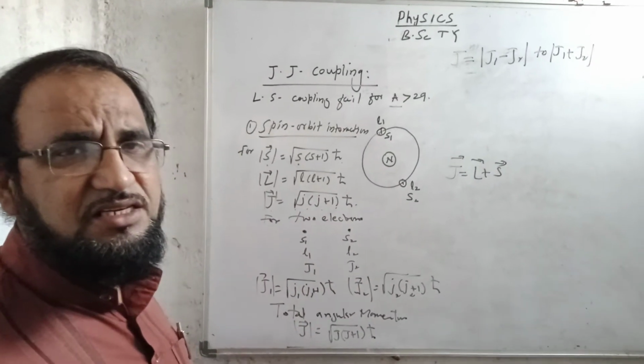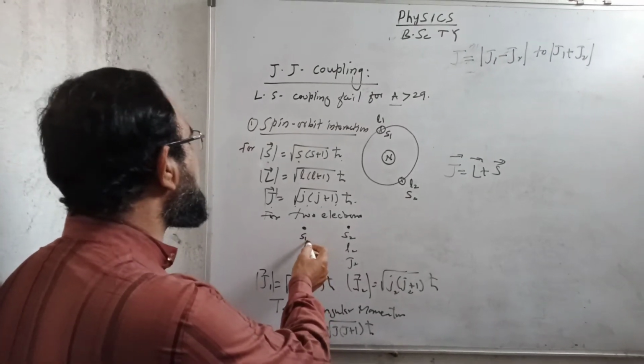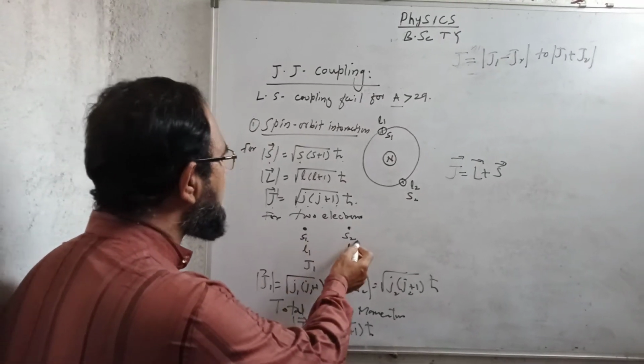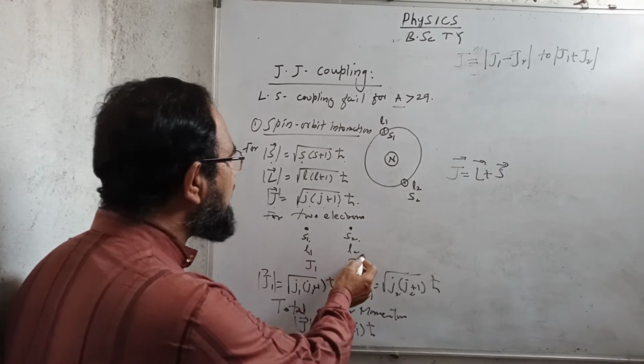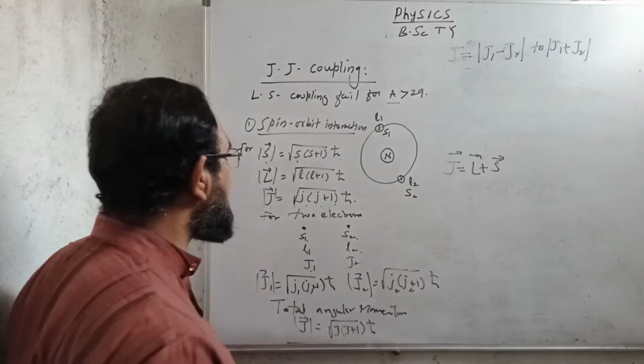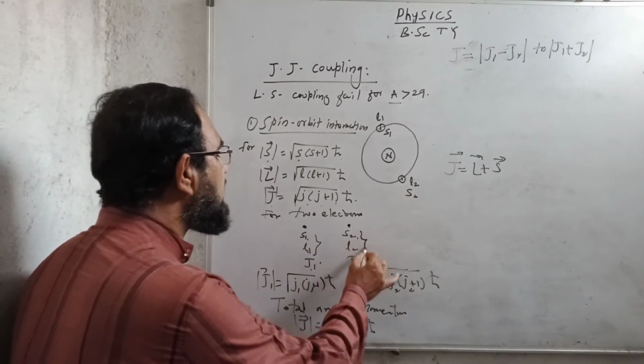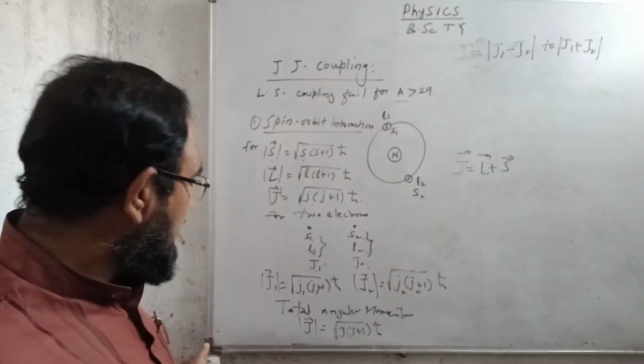Now let us consider two electrons having spin angular momentum S1 and S2, orbital angular momentum L1 and L2, and total angular momentum J1 and J2. S1 and L1 combine to give J1, and S2 and L2 combine to give J2.